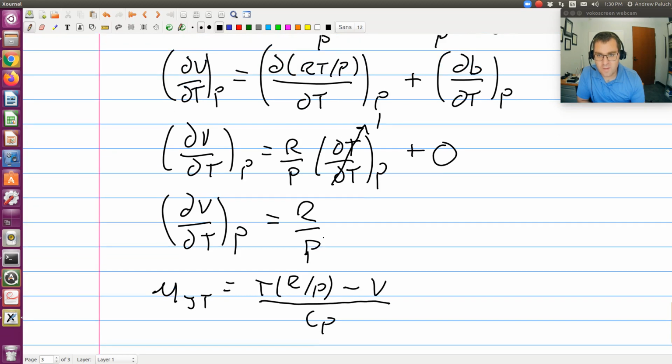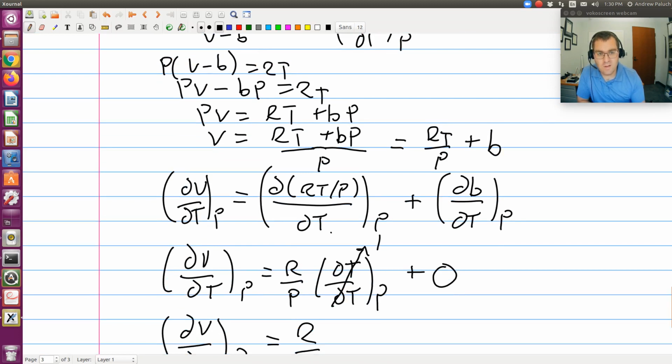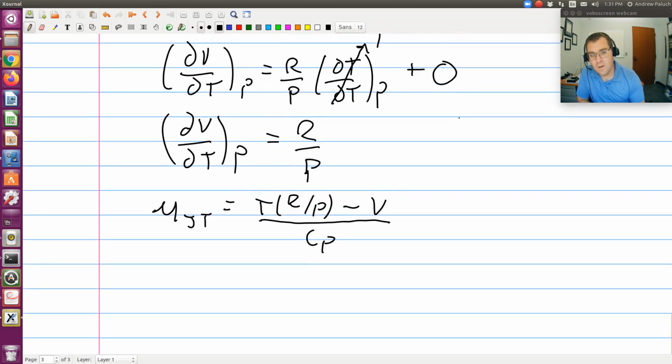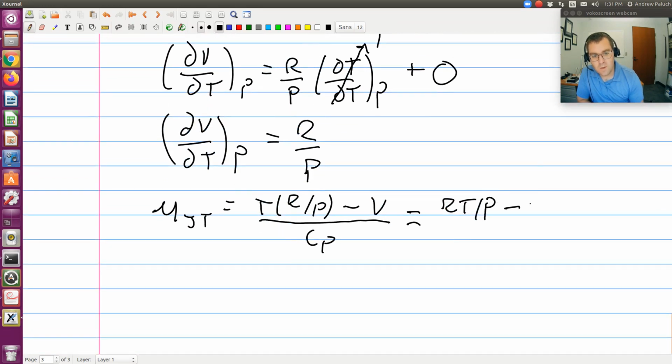How do we want to simplify it? Well, I could do a couple of things. One, I could plug in V is equal to RT over P plus B, and I think I'm going to go with that. So we just showed that if I solve for V, I get V is RT over P plus B. So this is RT over P minus, and again V is RT over P plus B, so this is RT over P minus B, because it was a plus B, and that's divided by Cp.